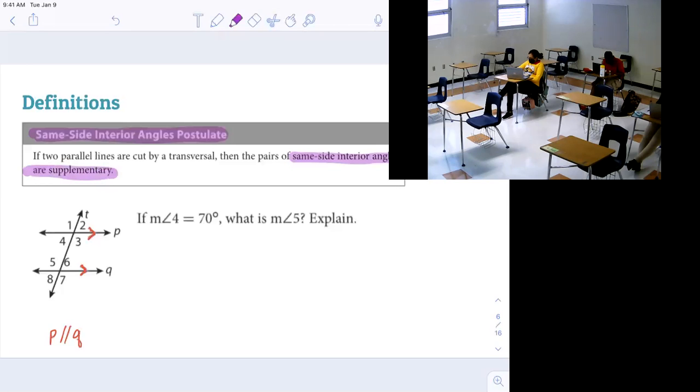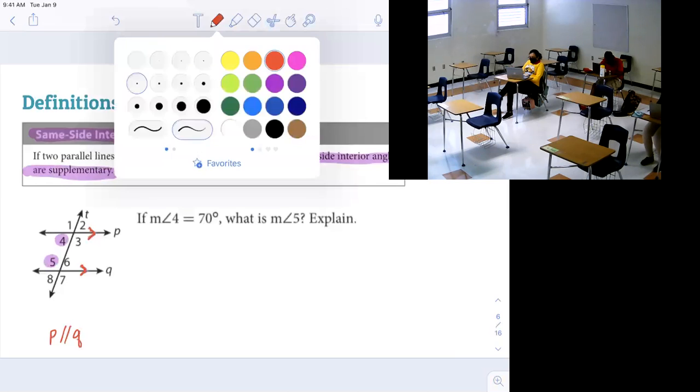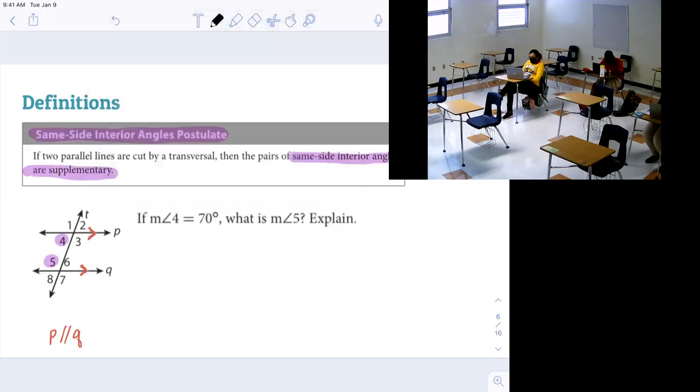So let's take a look. If angle 4 is 70, then what is the measure of angle 5? 70? Read carefully. We know that these two are going to be supplementary. So what does supplementary mean? Equal to 180. So the measure of angle 4 plus the measure of angle 5 is going to be 180.